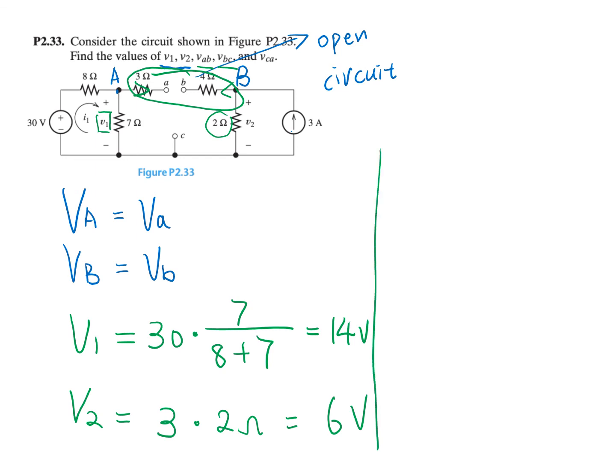So let's draw the circuit diagram again here. In order to find VAB, it's essential to know where you are going to get started, which method you will use to find VAB. So let's draw the circuit diagram here.